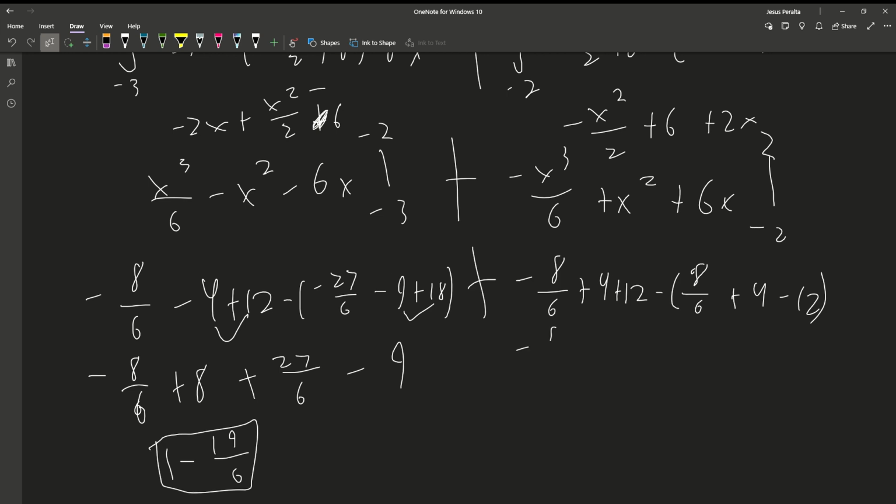So over here, we could do negative 8 over 6, just leave it by itself. Then we could combine the 4 and the 12. And then this would become negative 8 over 6, or minus 8 over 6. And then 4 minus 12 would be negative 8. But since we have a negative minus on the outside, it would be positive 8.